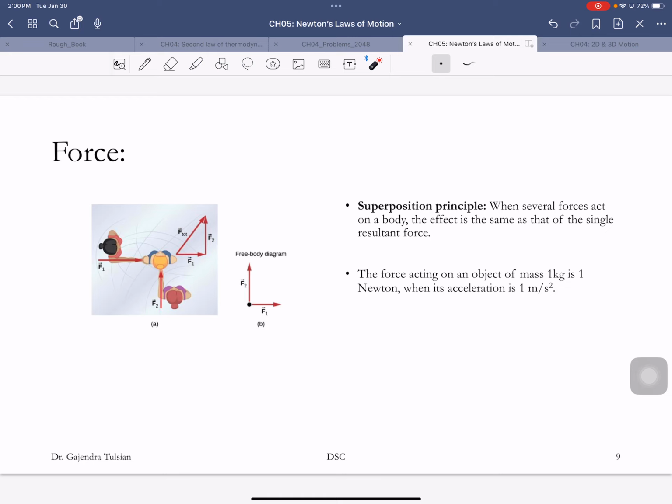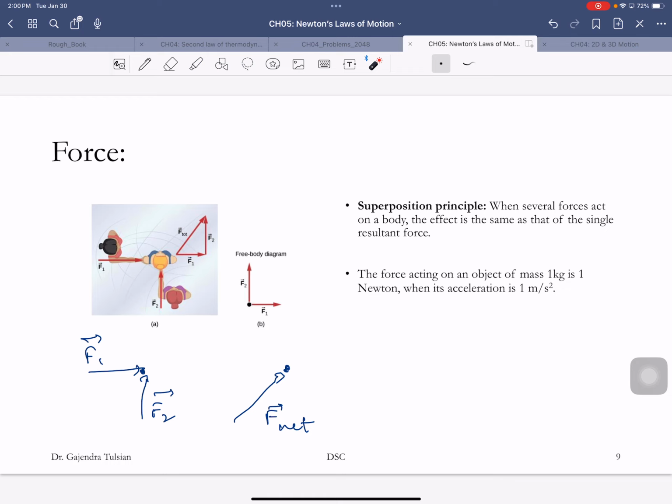So here's this object, you can apply these two forces, or you can apply this single force, which is the sum of these two forces, F1 and F2. And the motion of this object would be identical.